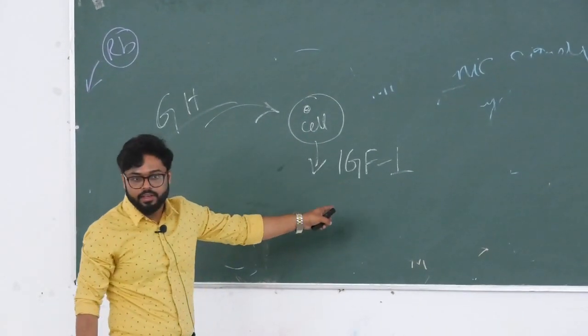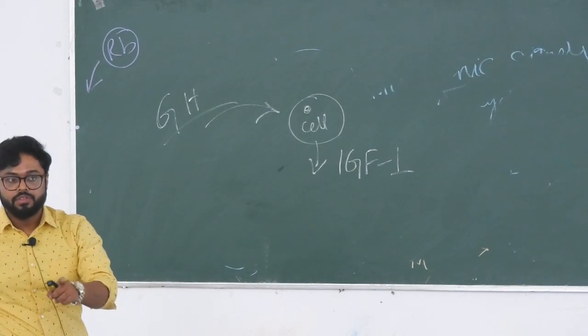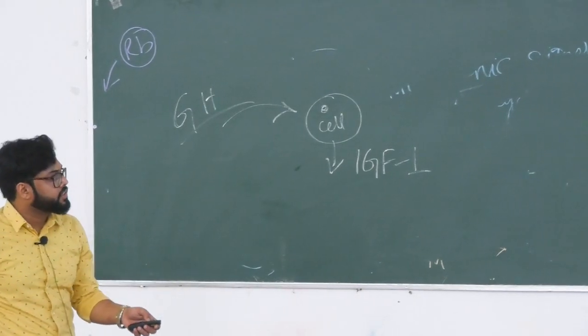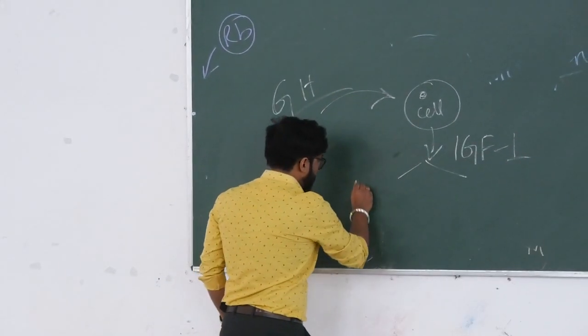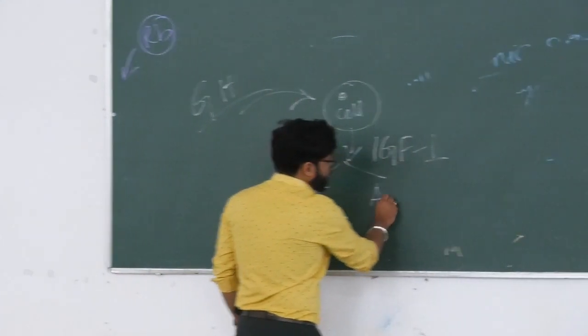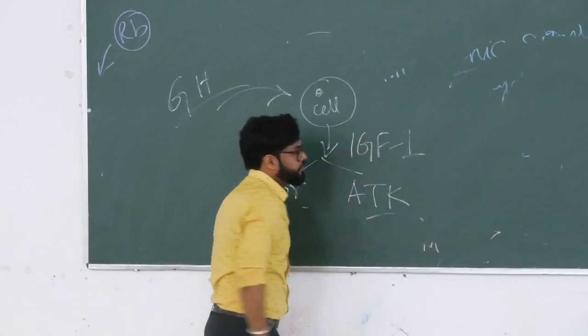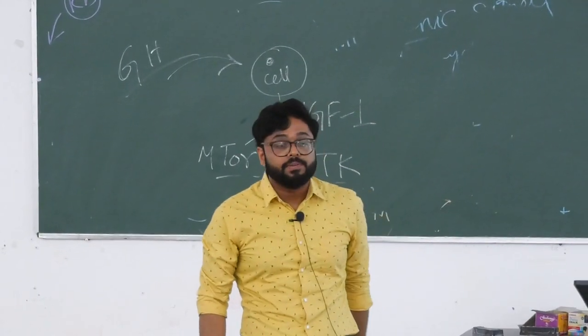They mimic the action of insulin. So in the downstream, they produce activation of two pathways: one, the PI3 kinase pathway, and another, the AKT kinase pathway.